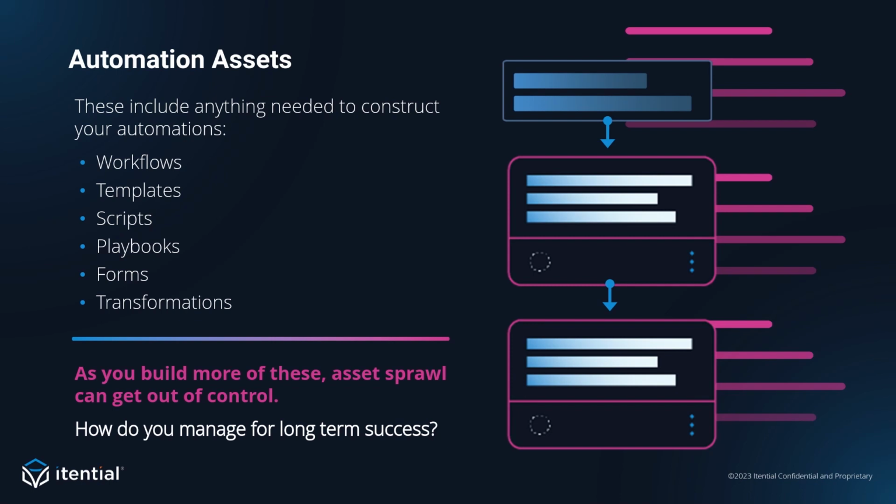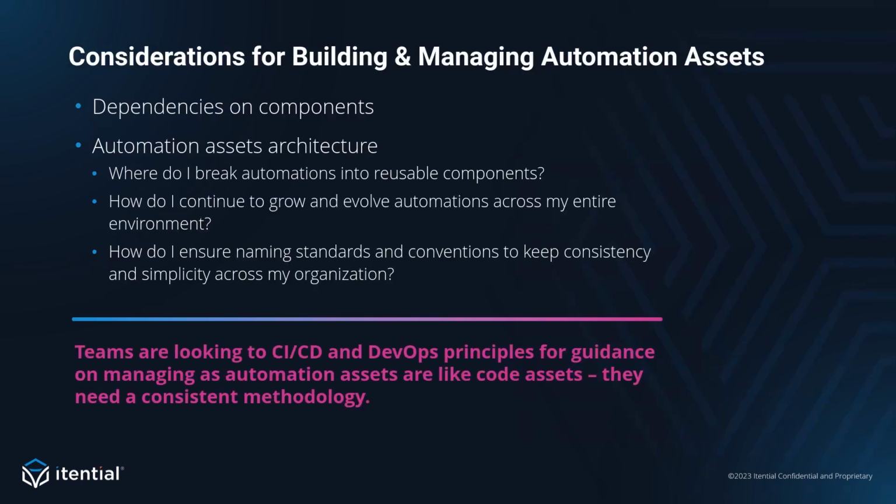We've seen this happen in a number of environments where they start small, it starts to grow. At a certain point, it becomes a huge effort to manage all of those automation assets. So today, we're going to talk about some of the methodologies that you can use to have a model that you can not only use to promote the assets, but also to manage them and manage their development.